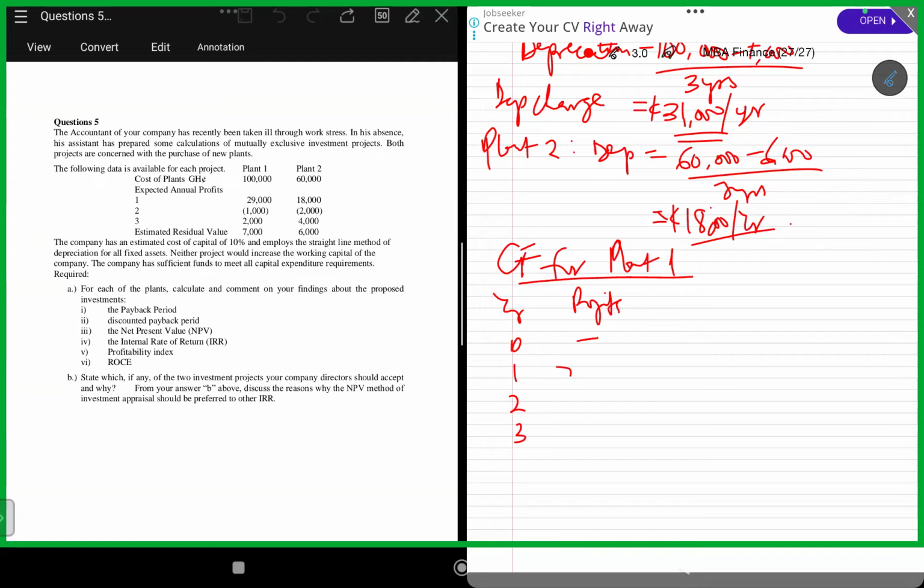Year 1, 29,000. Year 2, 1,000. Year 3, 2,000. Then we have the depreciation charge we are going to add. For plant 1, year 0, no depreciation. Year 1, what is the depreciation charge per year for plant 1? 31,000.